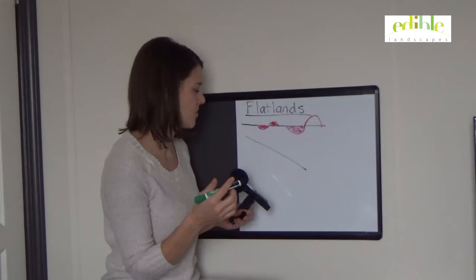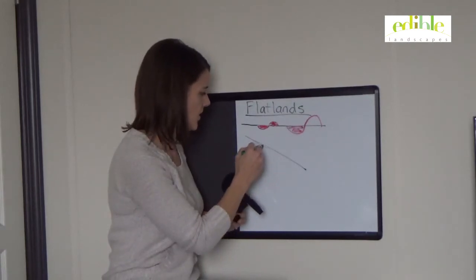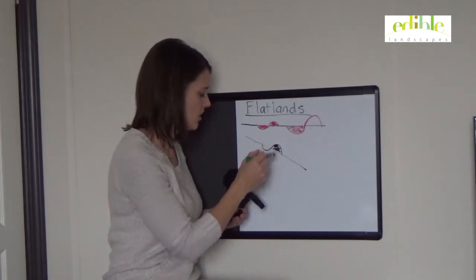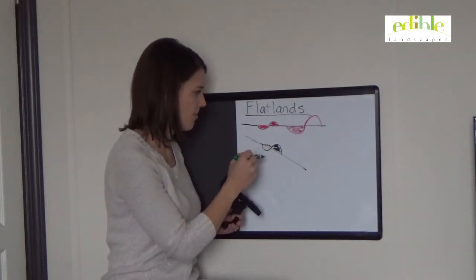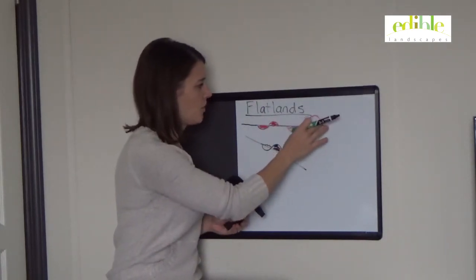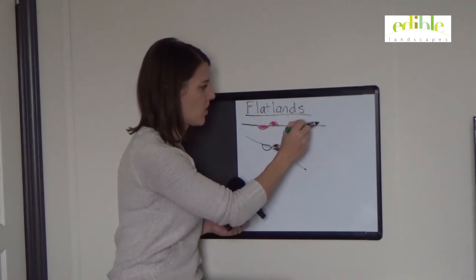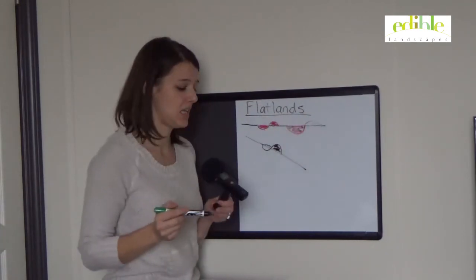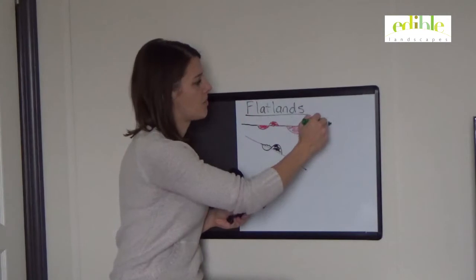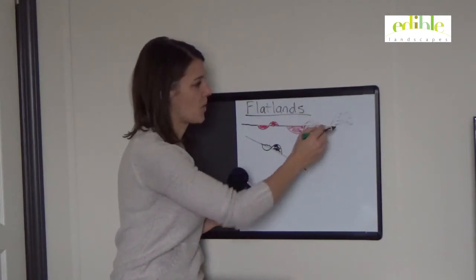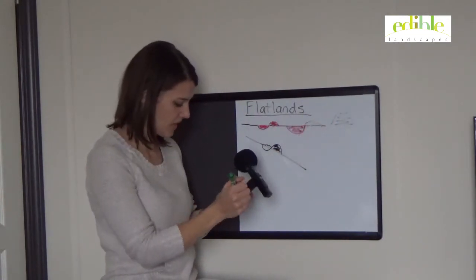So you'll end up with extra material. So on the slope, we need more material down here in order to hold the water on the landscape. On the flatlands, we don't really need much of this mound at all in order to be able to hold the water in here. So we end up with a big pile of extra soil that we can use to our advantage.